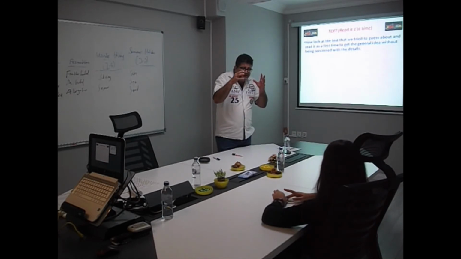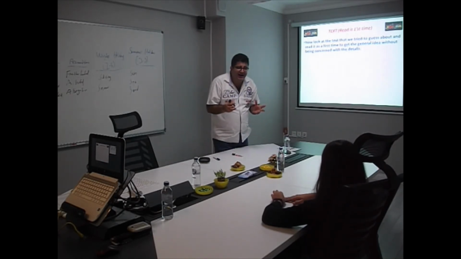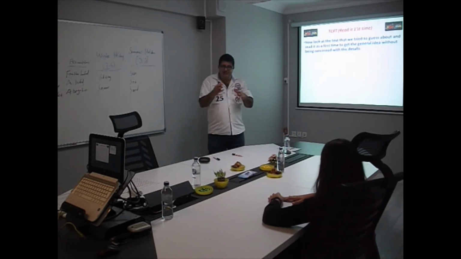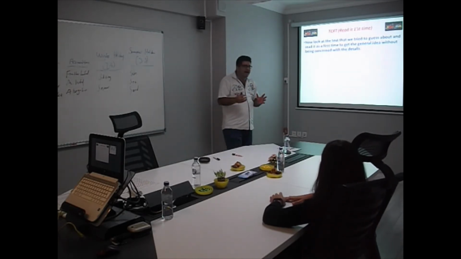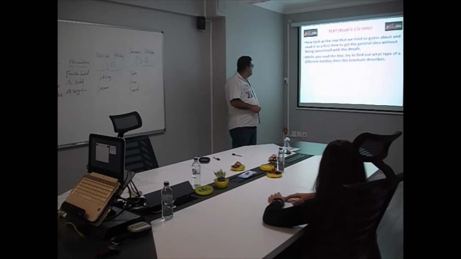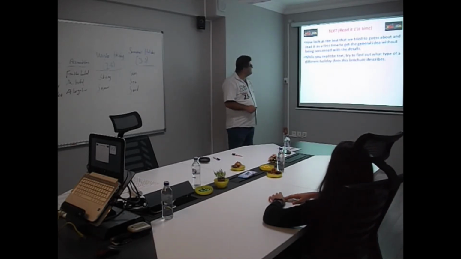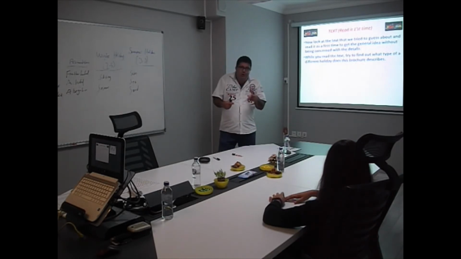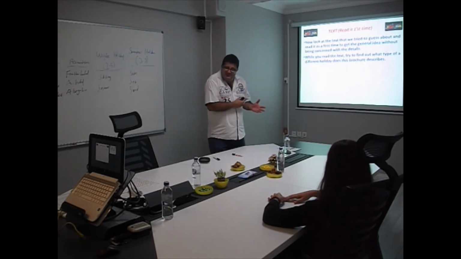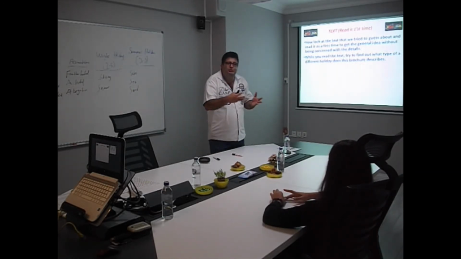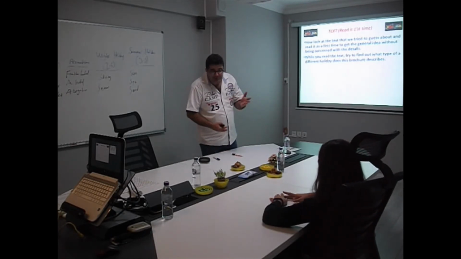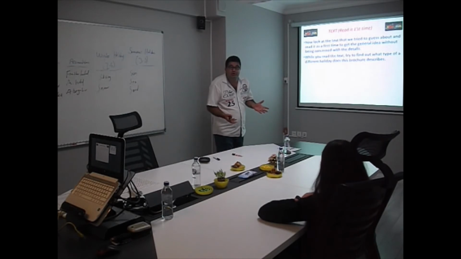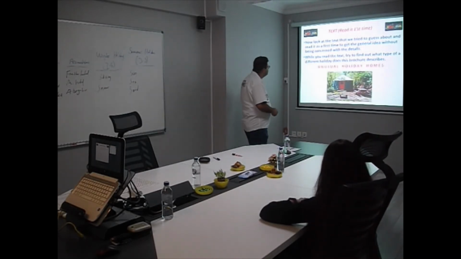We try to get the general idea without being concerned with the details. Just try to understand generally the idea. And while you read the text, try to find out what type of different holiday. Because what was the title? Unusual holiday homes. Just try to understand what is the difference in this holiday brochure or holiday.